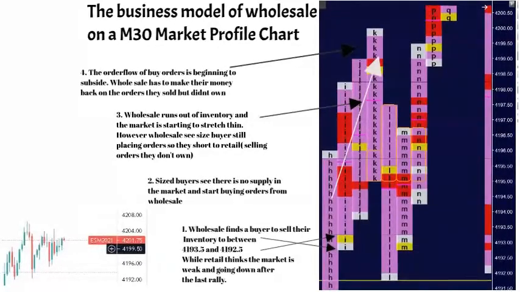And it basically goes like this, right? So wholesale will find a buyer to sell their inventory to between, in this case, 4193.5 and 4192.5, right? So in this area, these two yellow and white eyes, that's it.